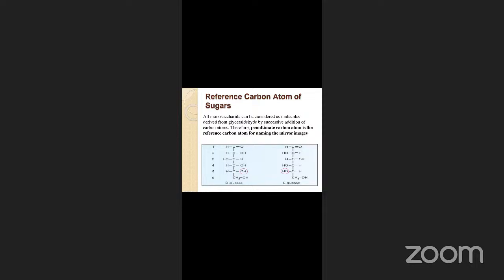That is based on the penultimate carbon. Penultimate means the last but one carbon from the bottom. CH2OH is the last carbon, so one carbon before that, you have to see the orientation of H and OH on that carbon. Then you identify it as D or L, for glucose or fructose or whatever it is.